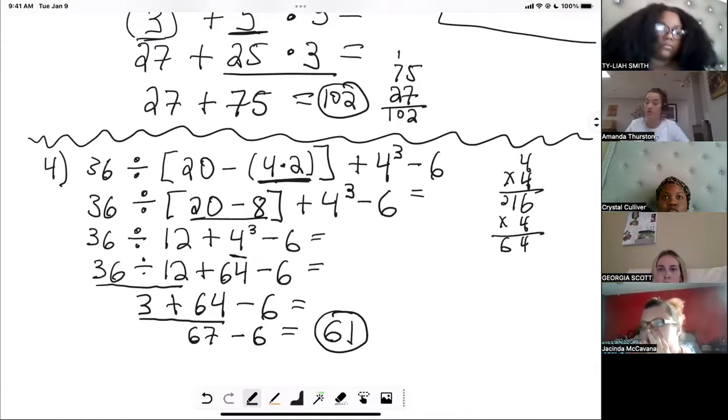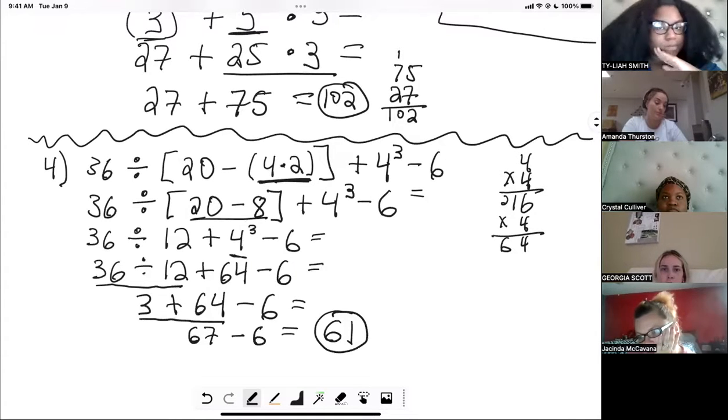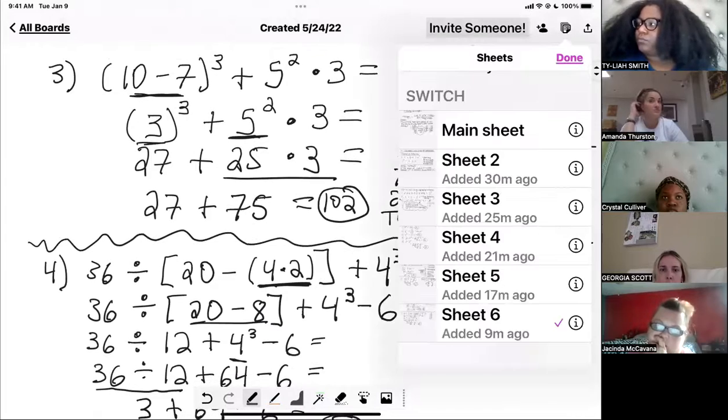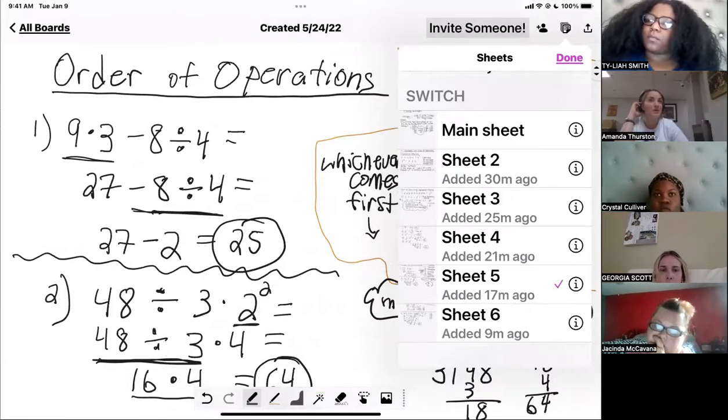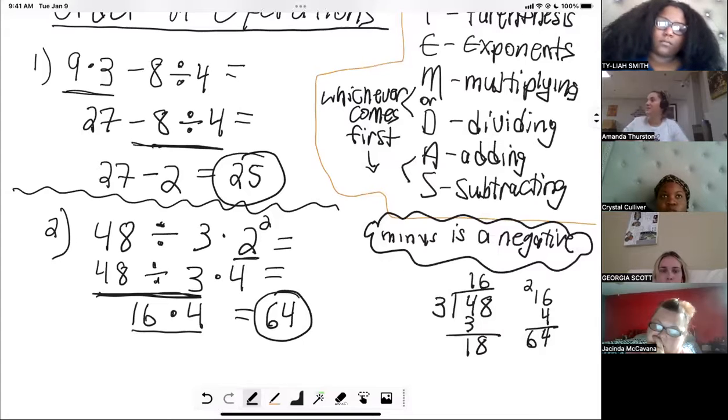That's why I was saying when you went back to number 2 and you got 64 as your answer, instead of dividing first, you would have multiplied first and then divided, and got a different answer.